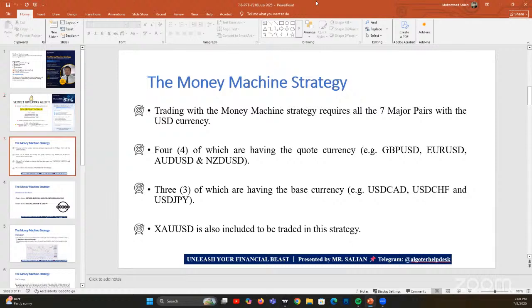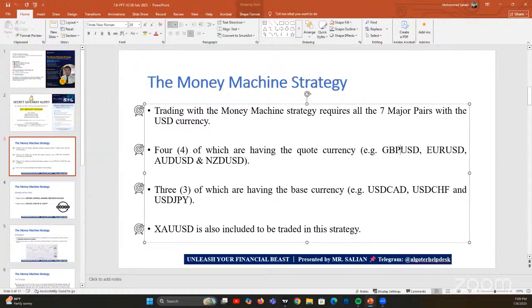The money machine strategy simply requires all the 7 major pairs with the USD currency in them. Four of them have USD as the quote currency, for example GBP USD, EUR USD, AUD USD, and NZD USD. All these 4 pairs have USD at the end.